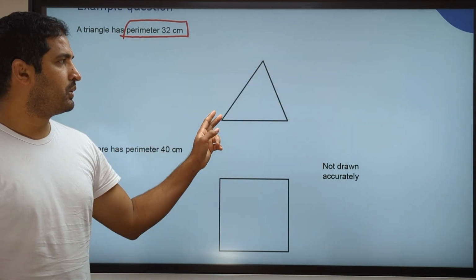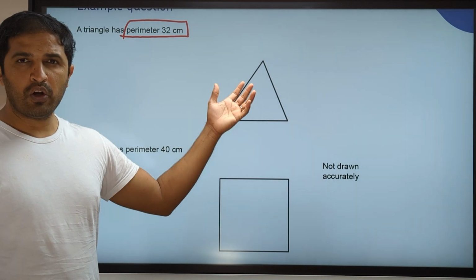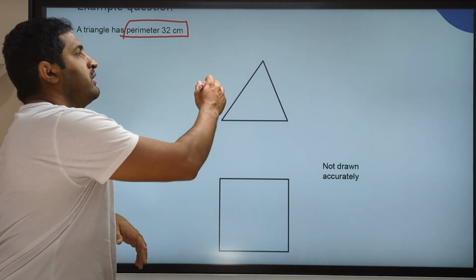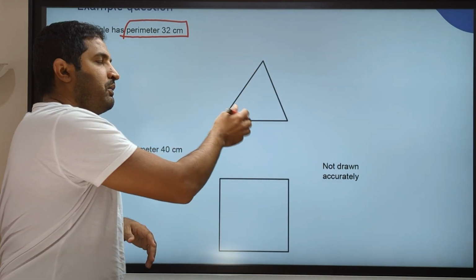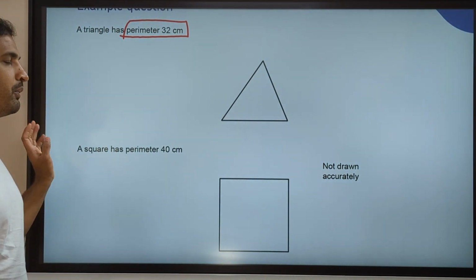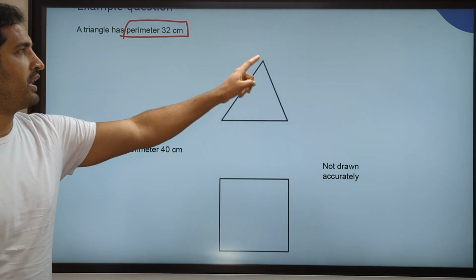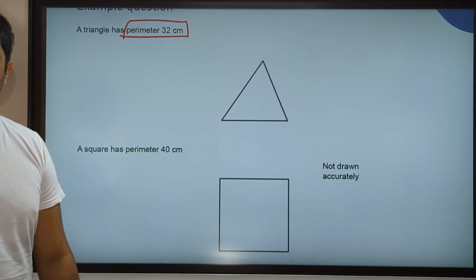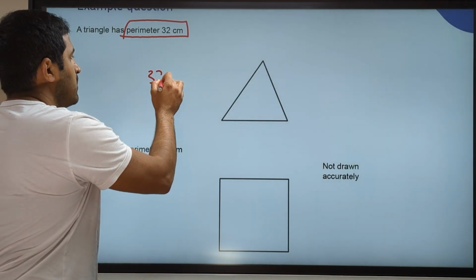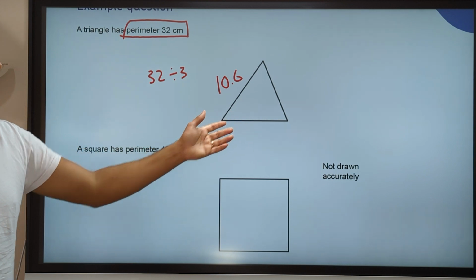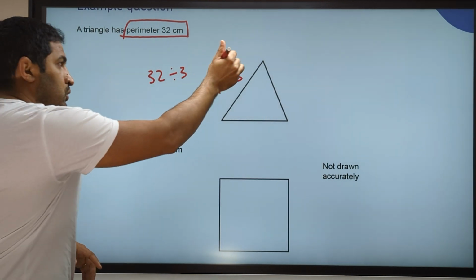If the perimeter is 32 centimeter, we don't really know anything about this triangle so far. This could be 10, this could be 9, this could be whatever is left over. But people would generally assume that all 3 lengths are exactly the same, and end up doing 32 divide by 3 and say this is going to be 10.6 for each one of those lengths, which is not true.